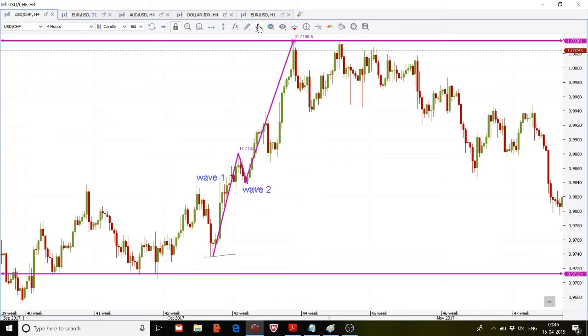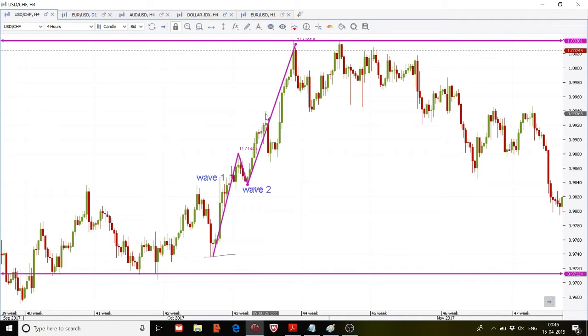So don't get confused about why I have termed it as a wave 3. There is some correction here, but that's why they are called waves, because they can consist of internal waves in themselves.